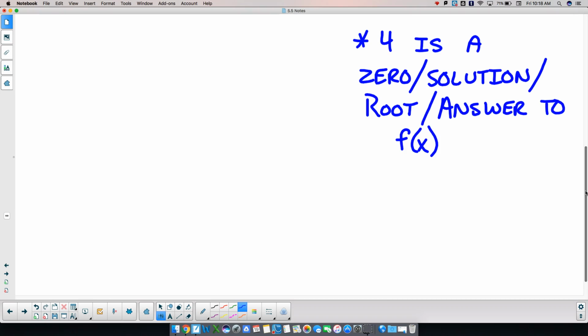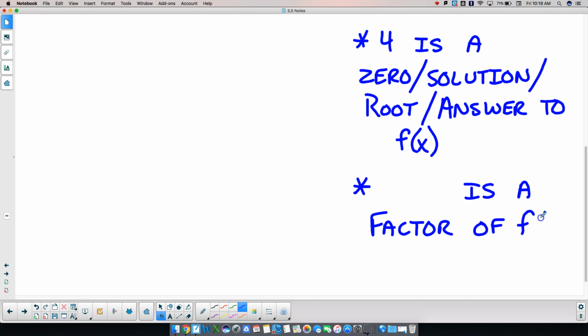In this case, what's the factor if 4 is the 0?